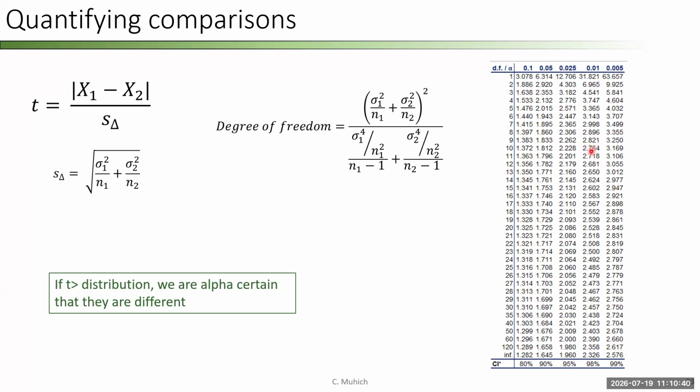If I have only 10 samples, I can only be 98% sure, or only 95% sure if I only have 4 samples, or degrees of freedom, or only 90% sure if I only have 2, right? So you can see, more samples, narrower distributions, and larger differences will enhance our understanding that 2 samples are different.